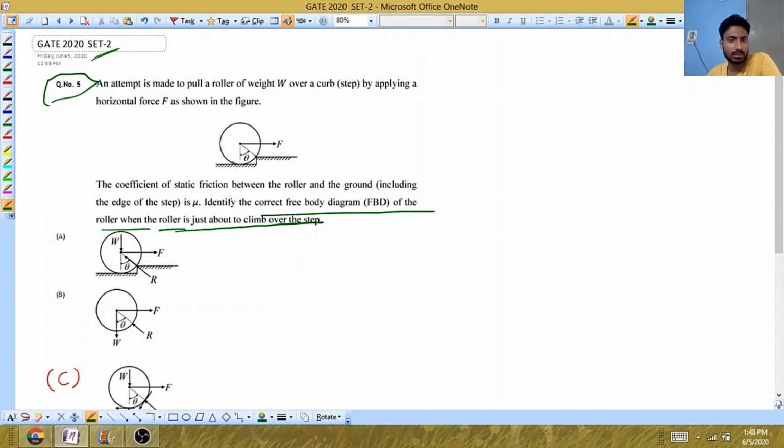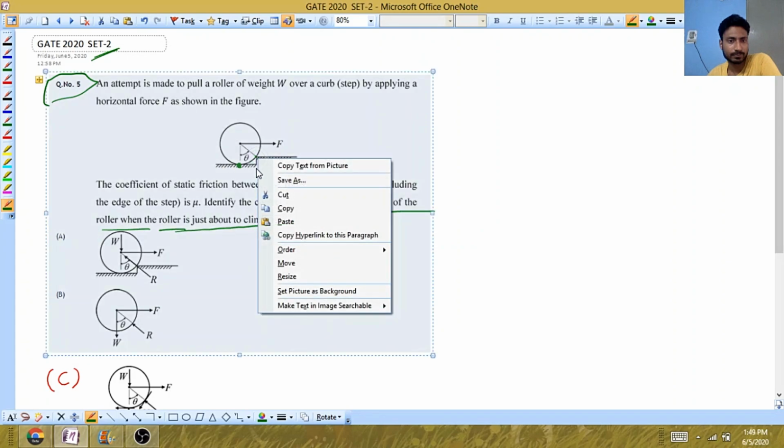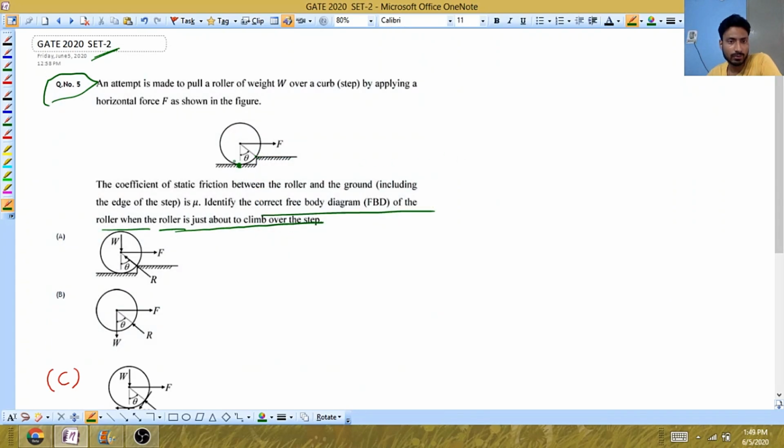When the roller is at this position, it is in contact with this horizontal surface at this point as well as this point. But when it starts stepping up, it will lose contact. You can think of it as a case of imagination.